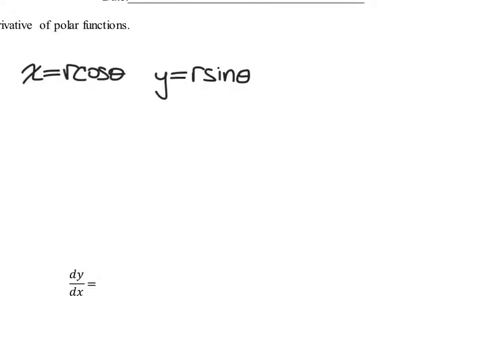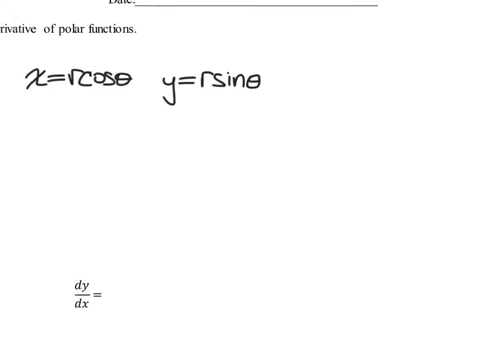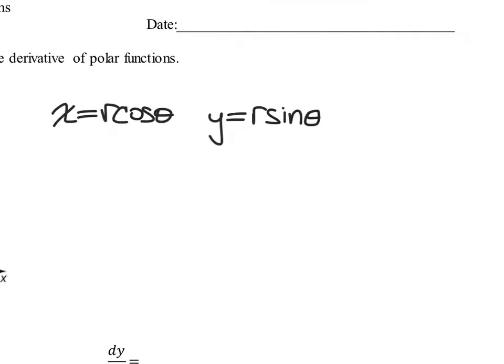So this is an implicit situation. So it's a question of, do I want dr/dθ or do I want dθ/dr? Either way, it's not going to make a difference. So because it doesn't make a difference, we're going to take the derivative with respect to r. And I'll show you what it looks like the other way in a minute.